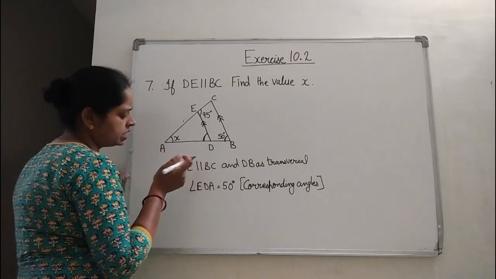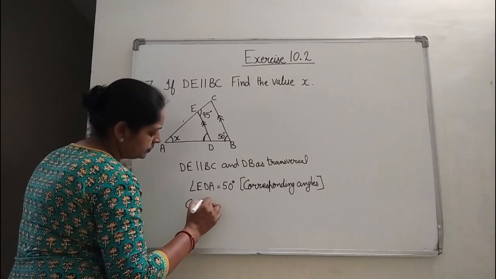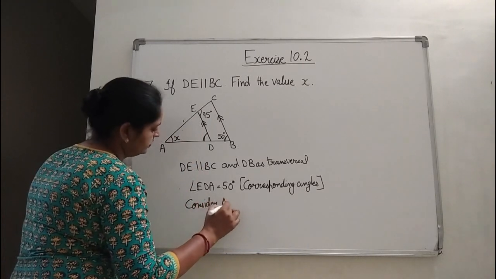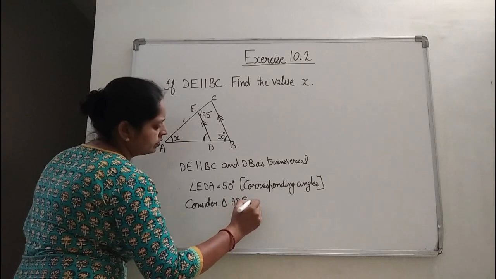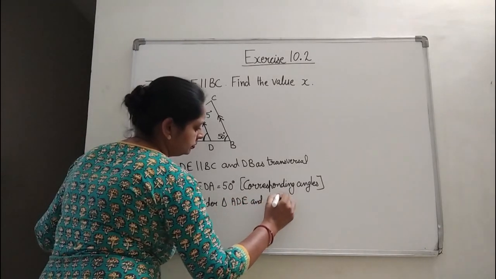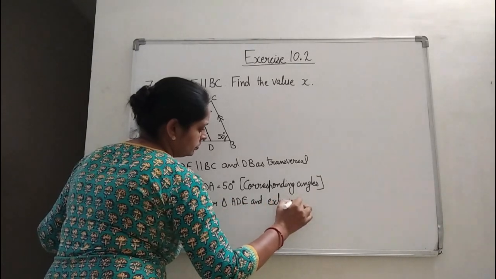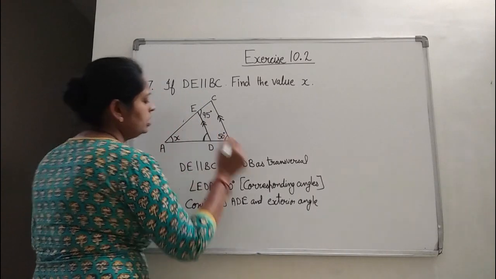That is the property of exterior angle. So from here, consider triangle ADE and exterior angle BEC.